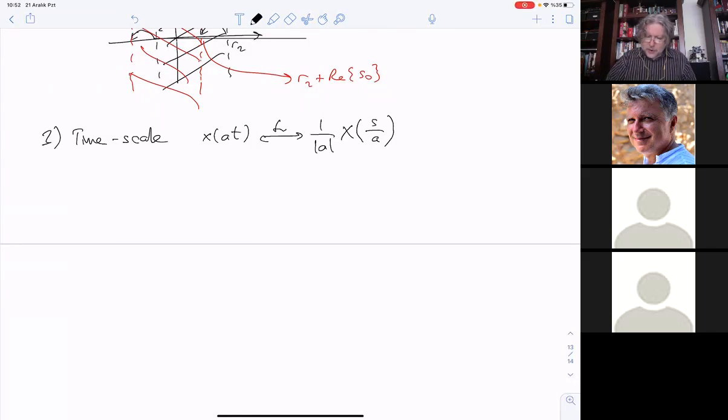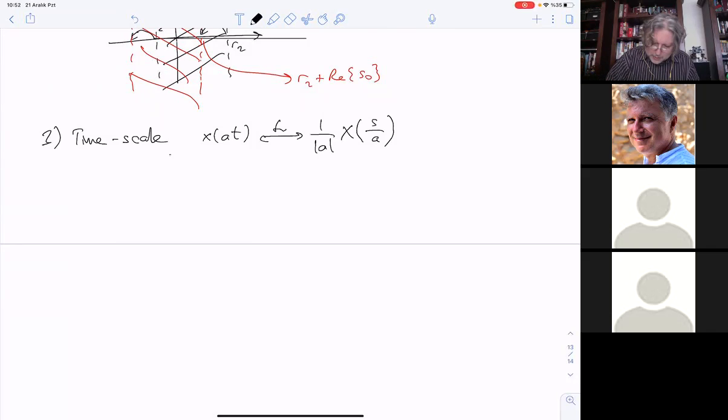And then the region of convergence works like this. I cannot really find a way to notate it, so I have to give you an example. S over A will be the location of your new pole.